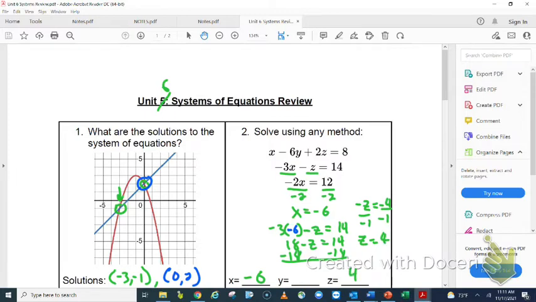Lastly, our top equation is in terms of x, y, and z. So I'm going to replace this x with -6 and this z with, is it -4 or +4? +4. Equals 8. So I end up getting -6 minus 6y plus 8 equals 8.